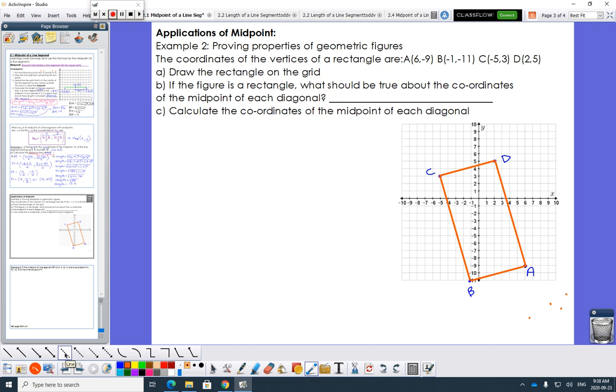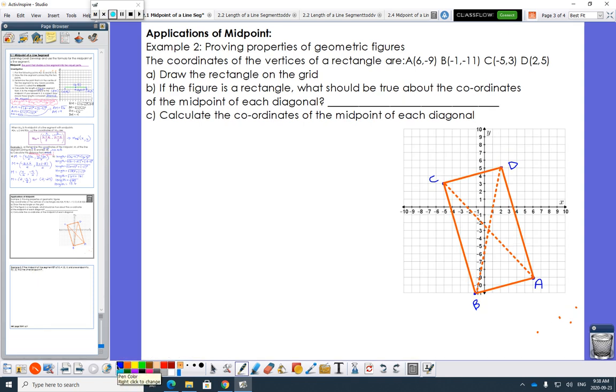So you go from one vertex to the other. So when you draw it in, it will help you.